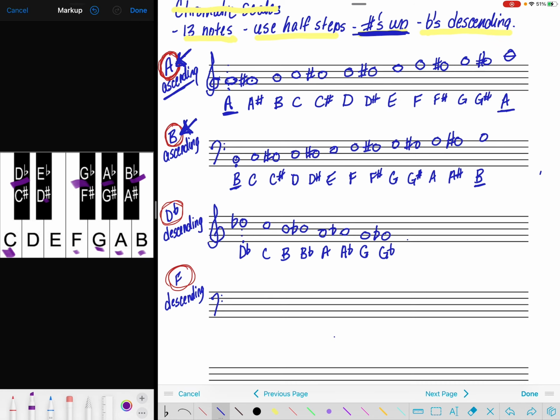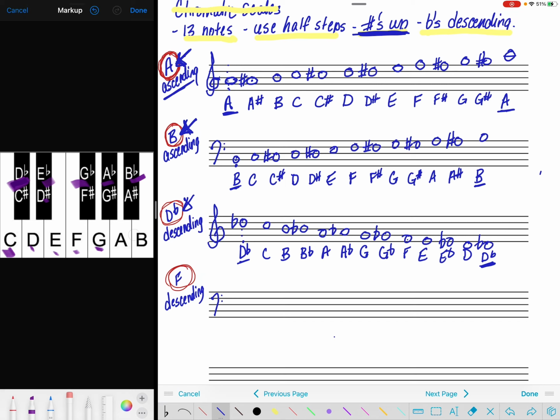Then F. Then E. Then E flat, then D, then D flat, and that's where I end. So again, I end and start on the note that's in the question.